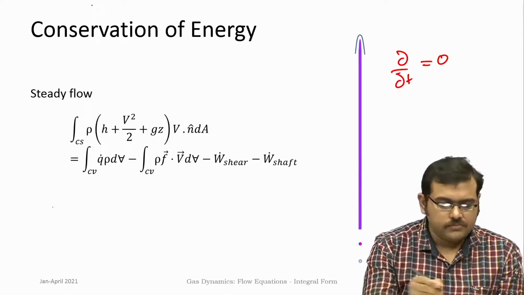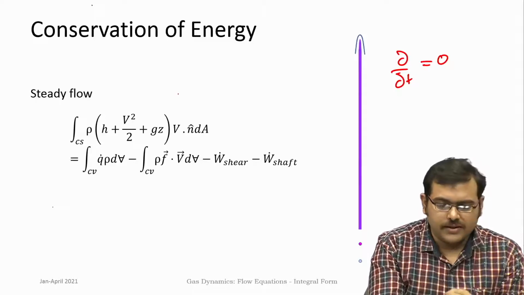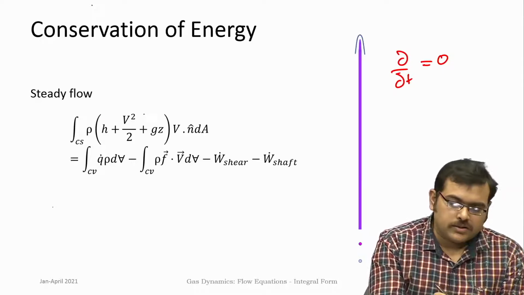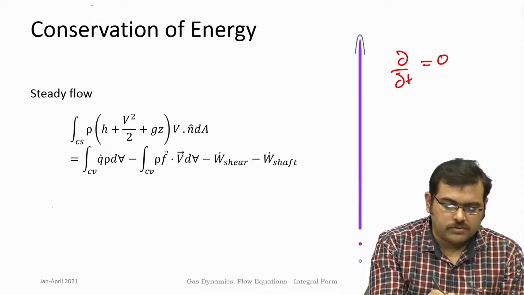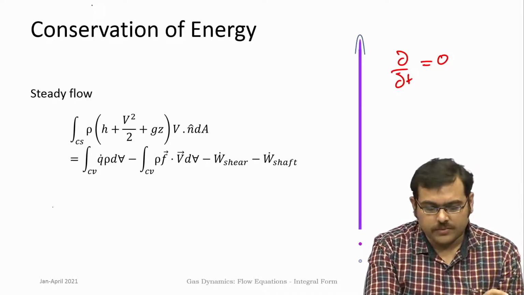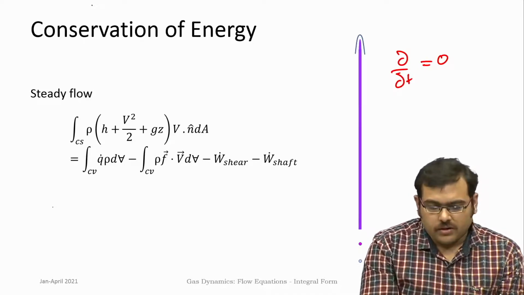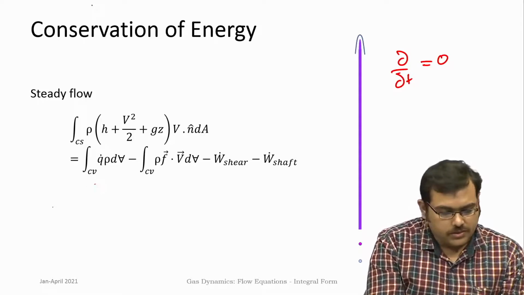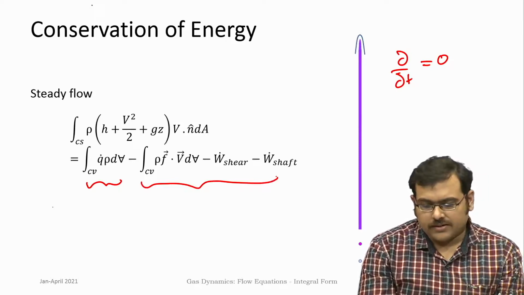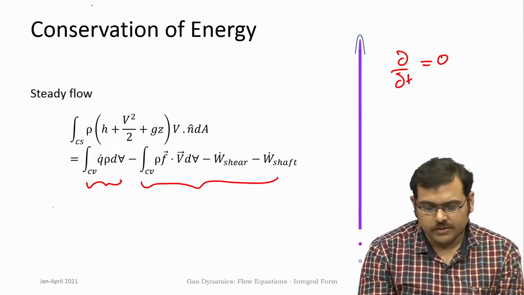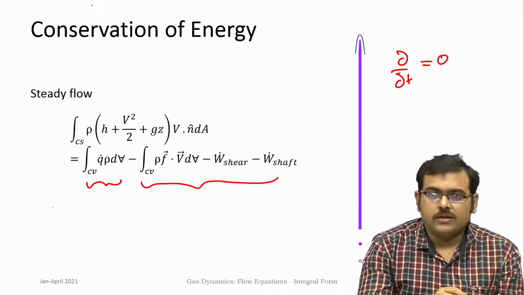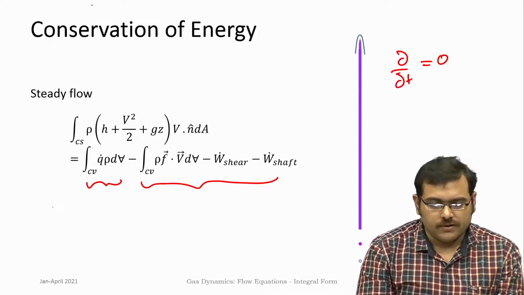Then you are left with only the fluxes across the control surfaces, and that is over here: integral of rho, h plus v square by 2 plus gz, times v dot n dA, is equal to the heat added and work done by the system. Okay. So this is the final conservation of energy.